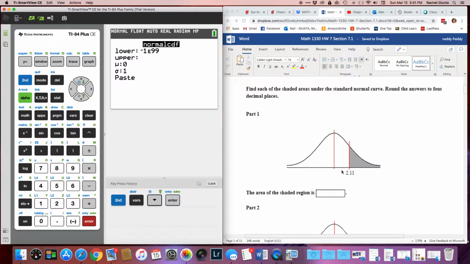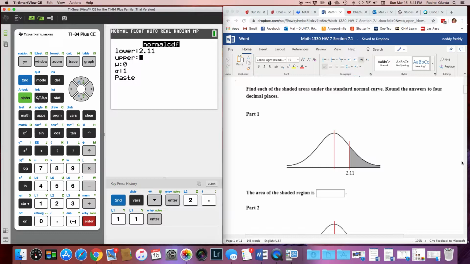In a lot of these, you're only given one number because the other number is basically infinity. So this is your lower limit here, 2.11. And then your upper limit, which is infinity, meaning this shaded area technically goes on forever.